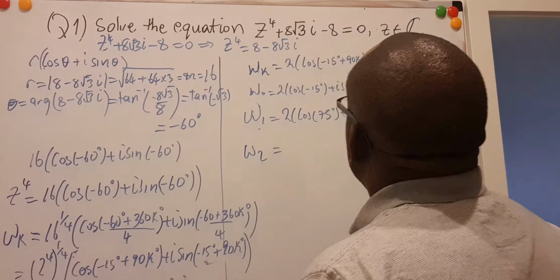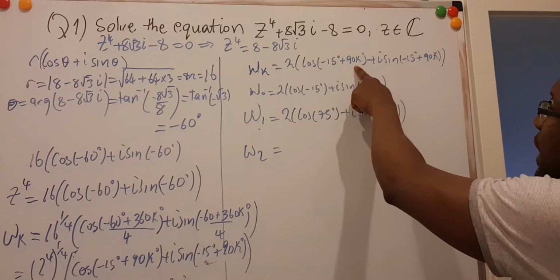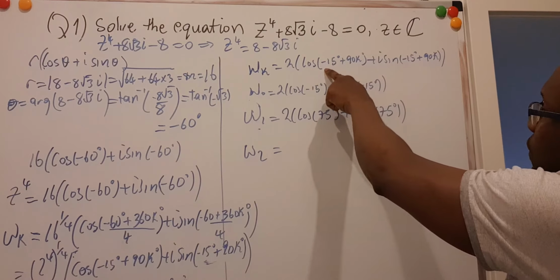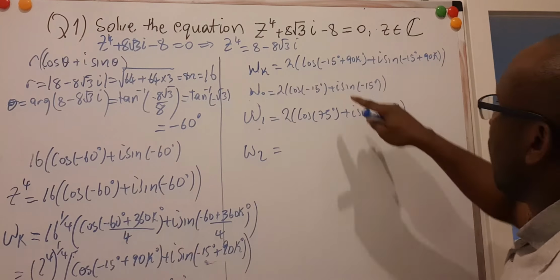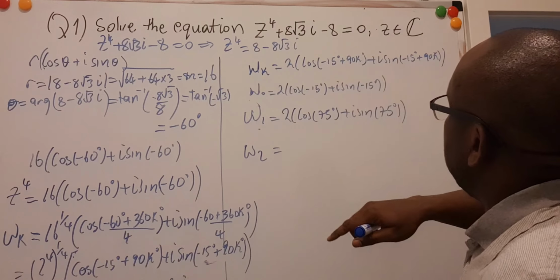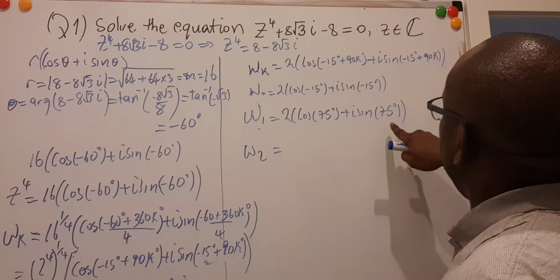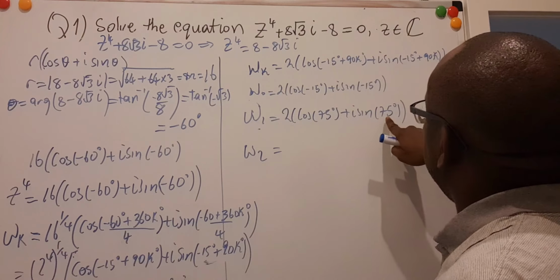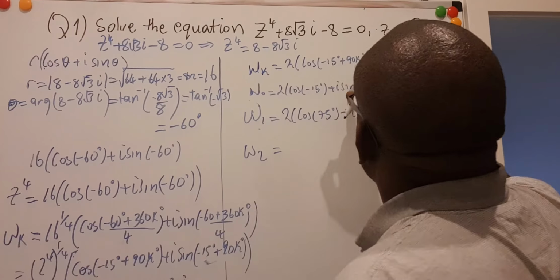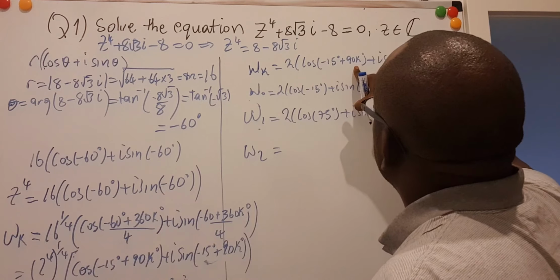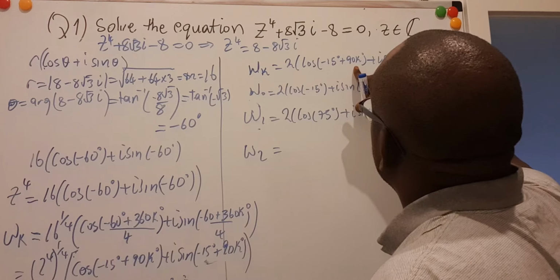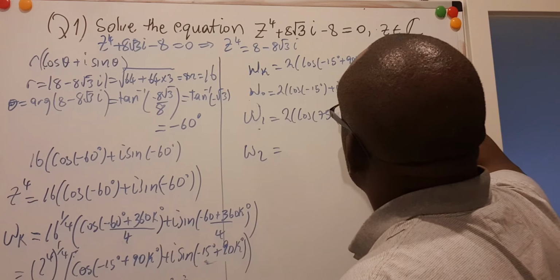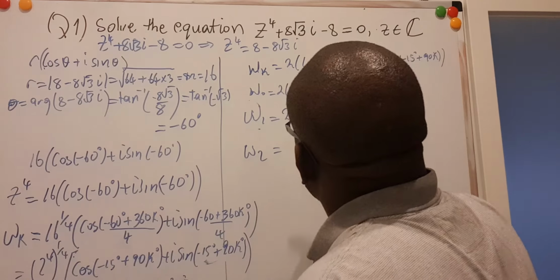The third root, w2. When k is 2, this is 180, and then I remove 15 from that, so I get 165.